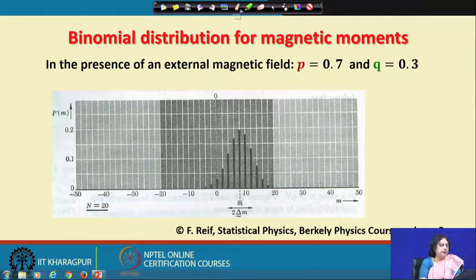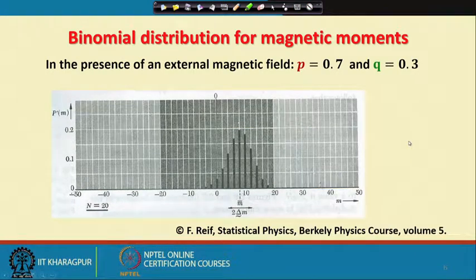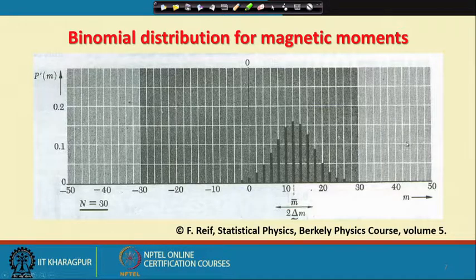Now, if I further increase the number of particles, what happens under this condition? Look at this, this is n equal to 30.